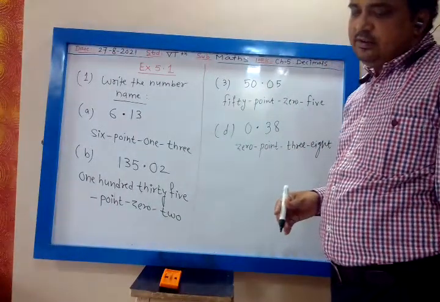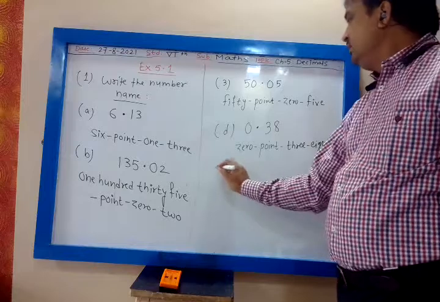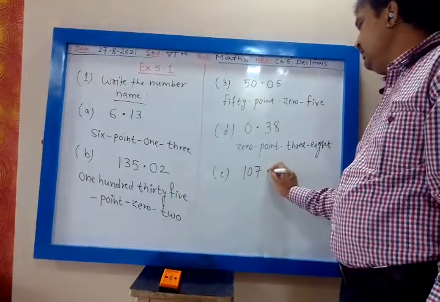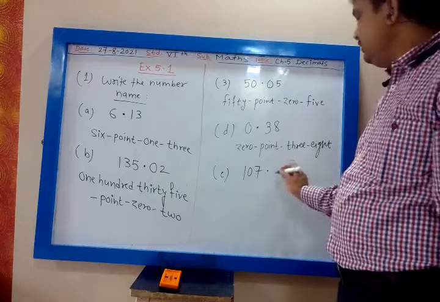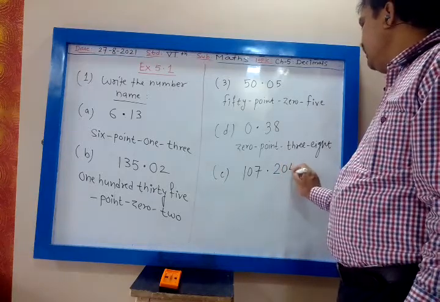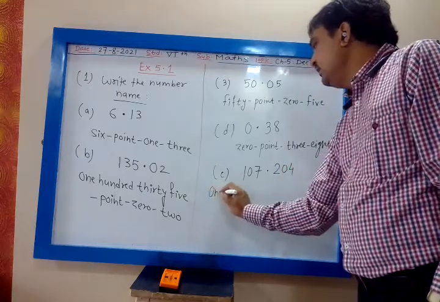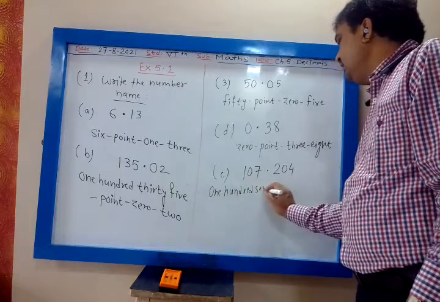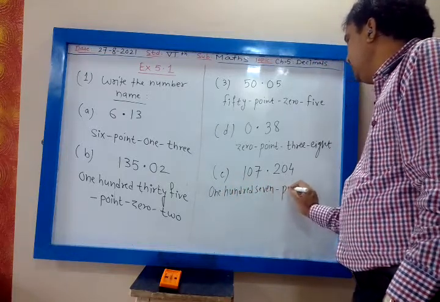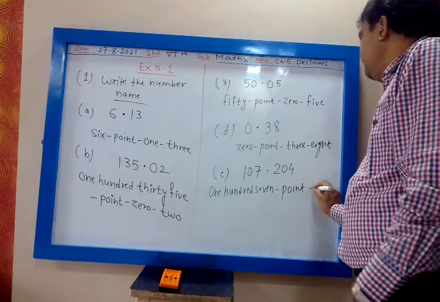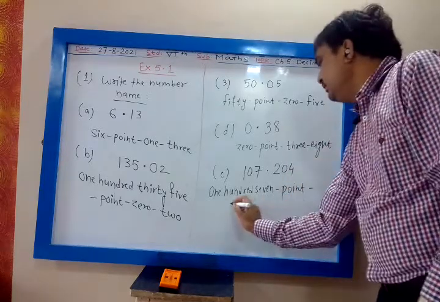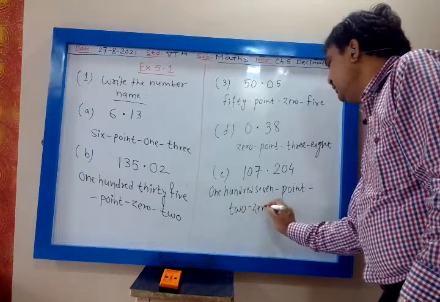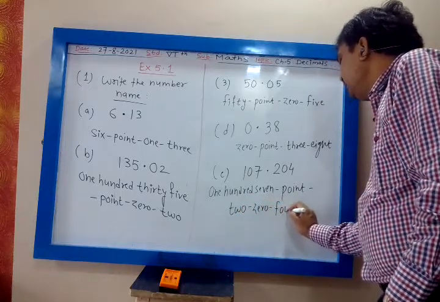Then 107.204. So we write 107, then point. This decimal we read as point, dash 2, dash 0, dash 4.